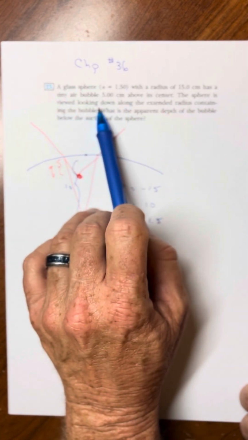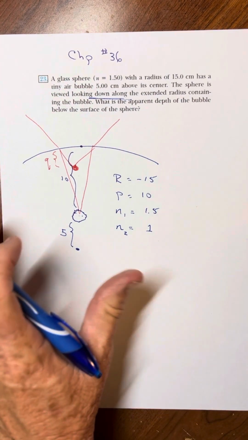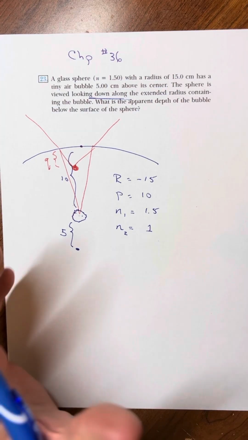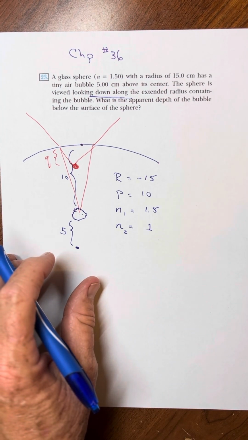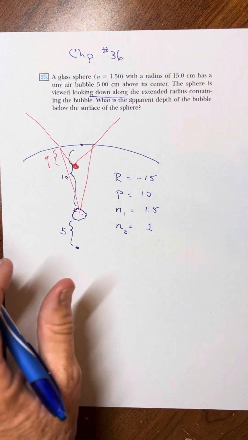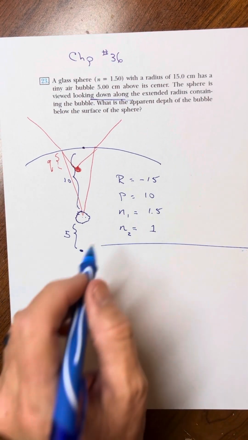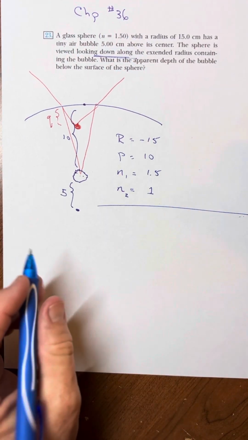The sphere is viewed by looking down. So I guess it doesn't really say you're holding the sphere in the air. I guess technically you could be underwater looking at it, but I would say maybe the problem could be more clear, but that's reasonable to imply that you're holding the glass sphere in the air.